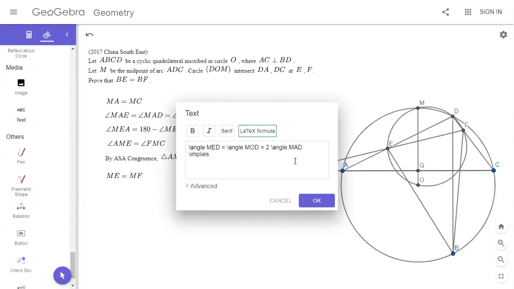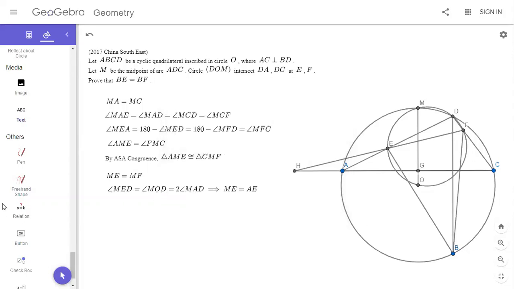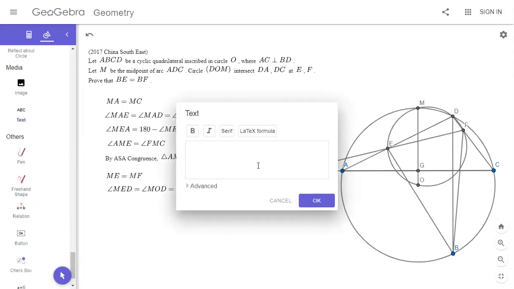So that implies that ME is equal to AE. And then similarly, MF is equal to FC. I'll write it like that. MF is equal to CF.